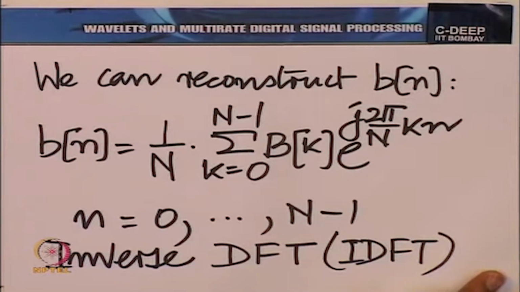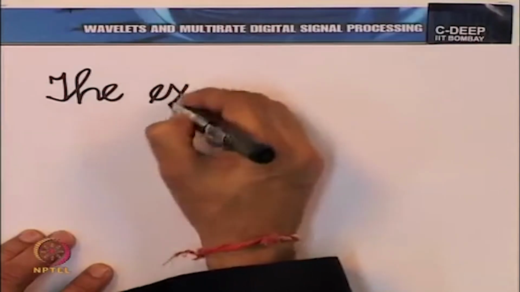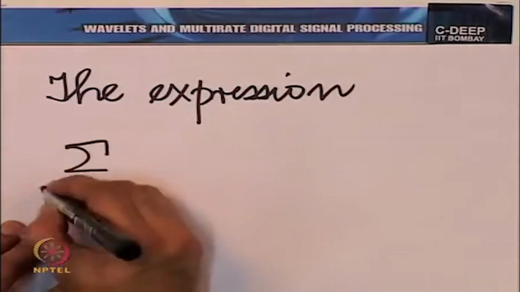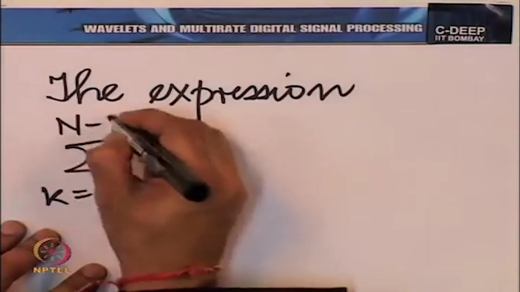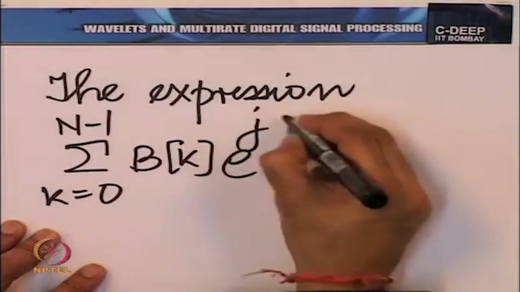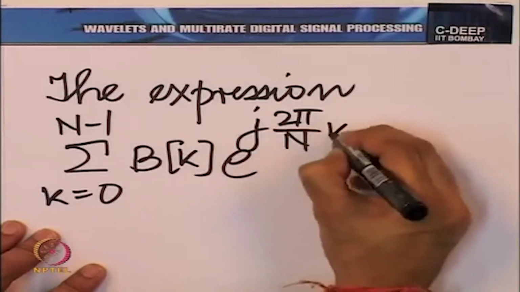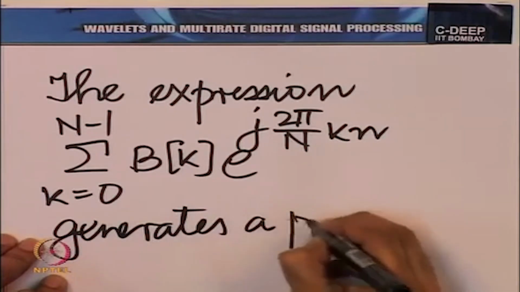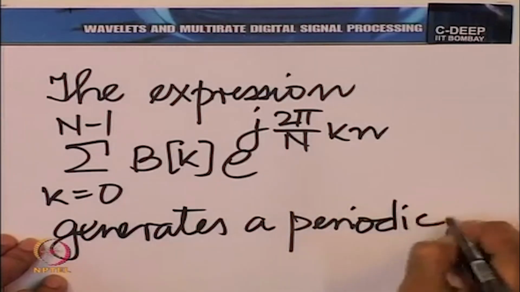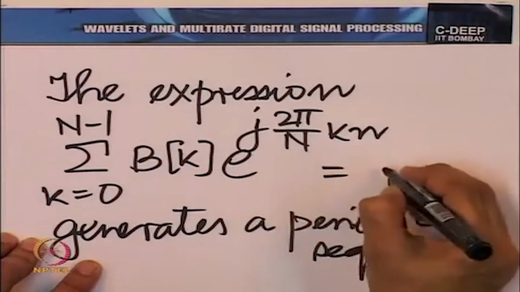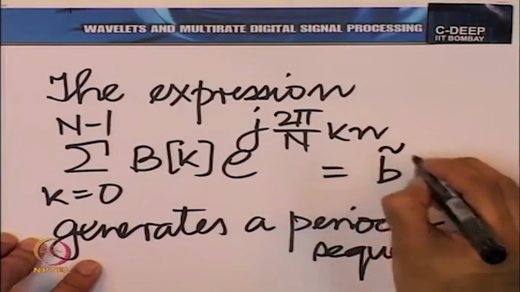Let me do that just for completeness. If we use this expression, the summation k going from 0 to capital N minus 1, capital B of k e raised to the power j 2 pi by N k n, generates a periodic sequence. Let us call this expression, as a function of n, b tilde n.